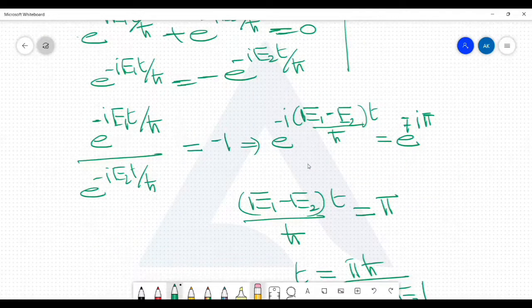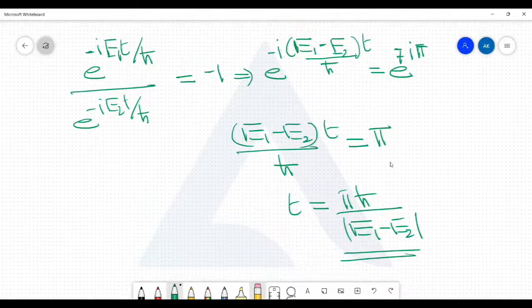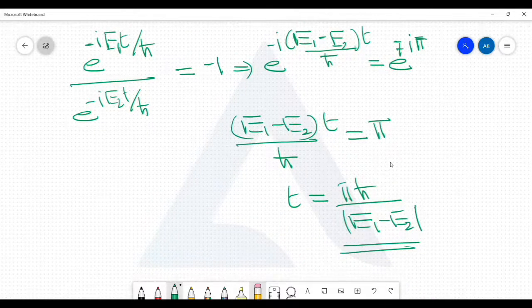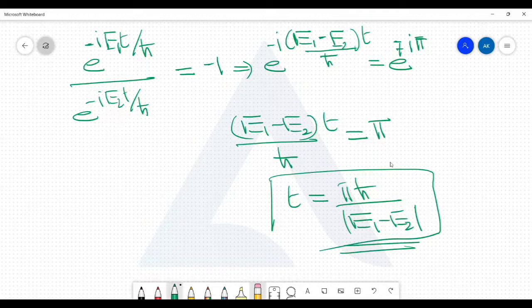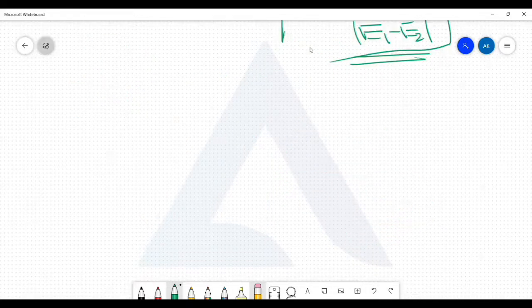So whether it comes from E1 minus E2 or E2 minus E1 doesn't matter. Simply you take the modulus. So this is the time. Okay. So the time at which the system states are orthogonal is given by this. So this is the method.